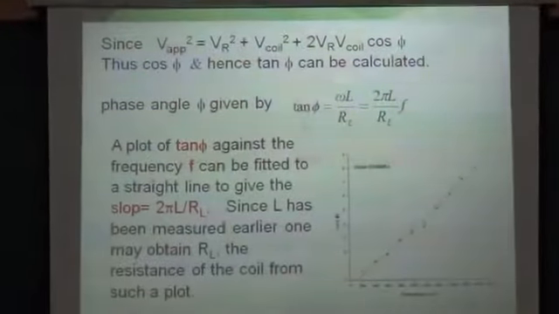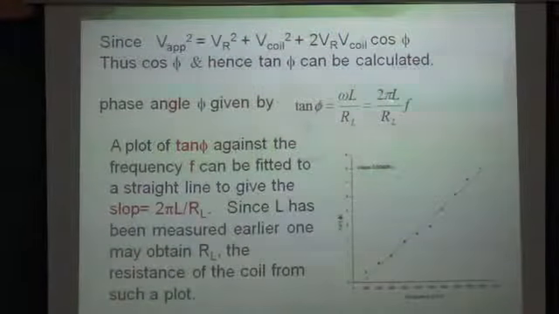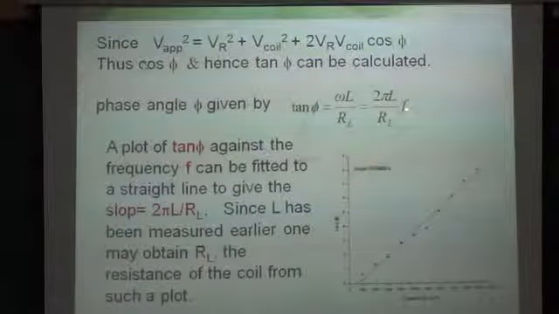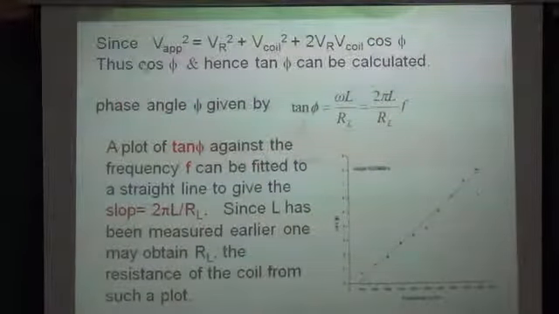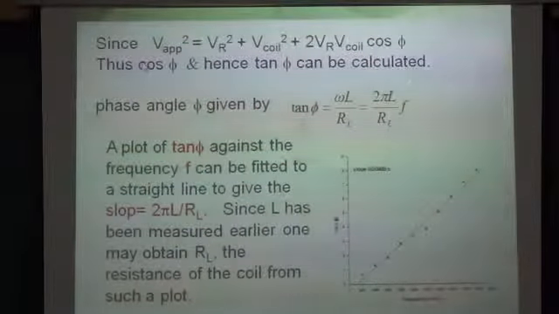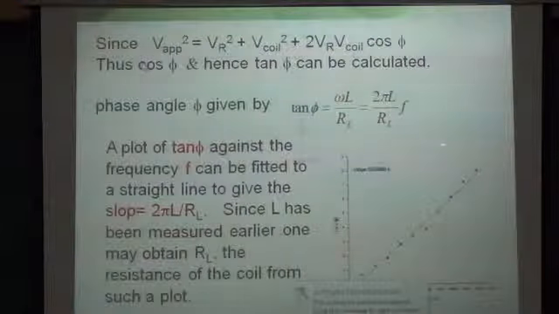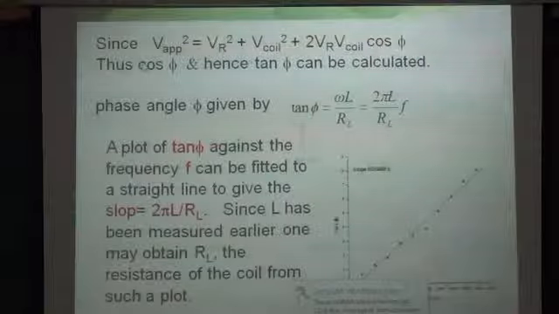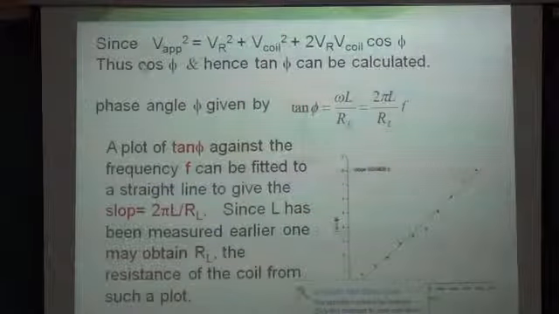But tan phi I know is omega L by R_L. So I can take 2 pi L by R_L into F. So we will plot tan phi against F. And that will give me the value of this R_L. So I can determine both R_L as well as the value of L.